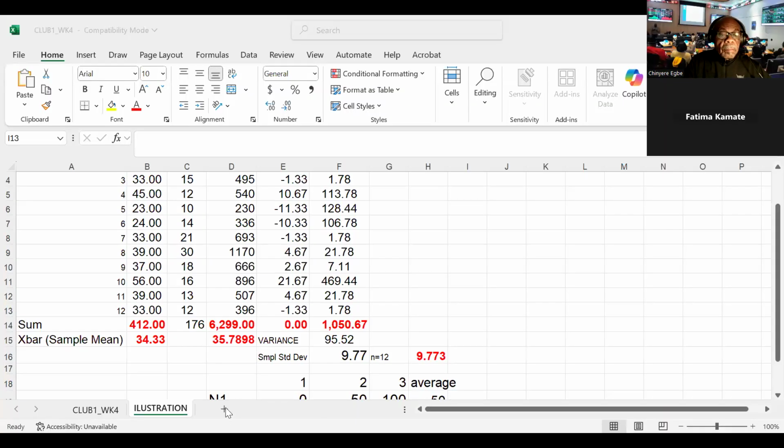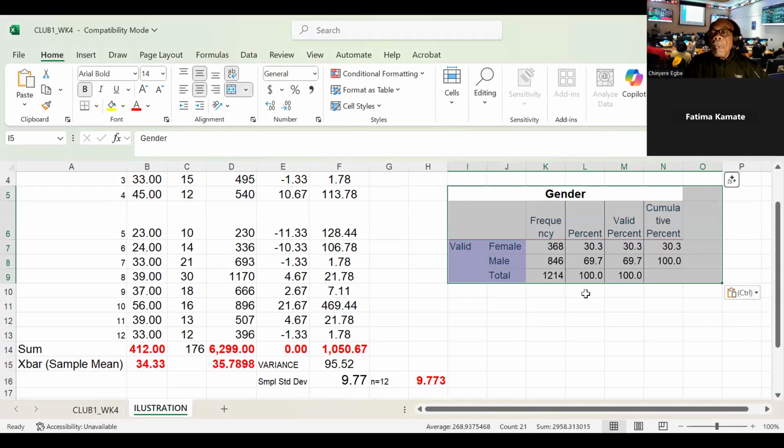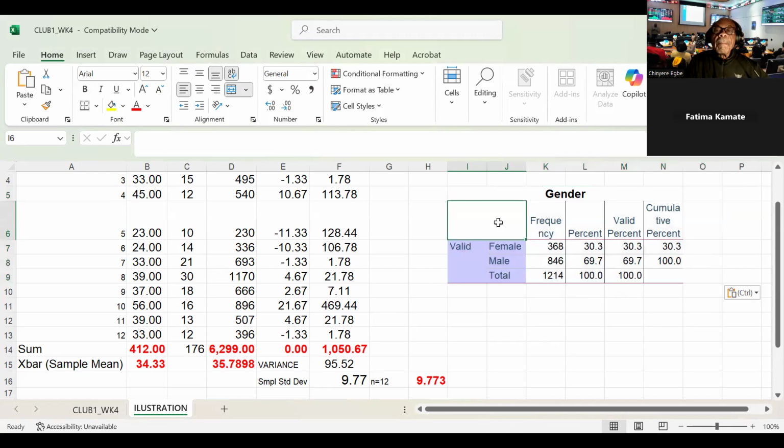So you can see what I pasted? So you just copied and pasted it from SPSS into Excel? Yes, into Excel. Okay.